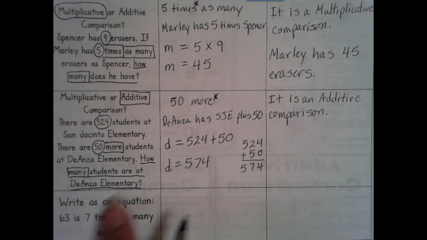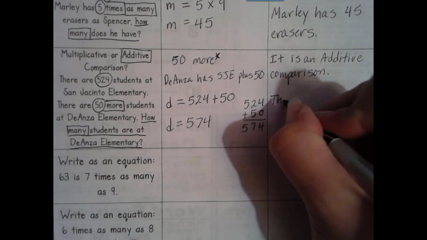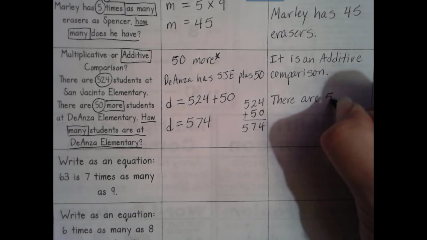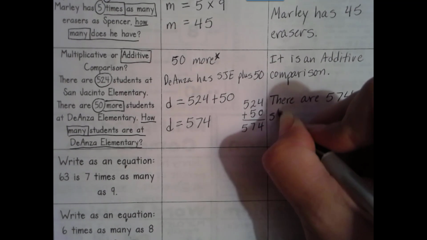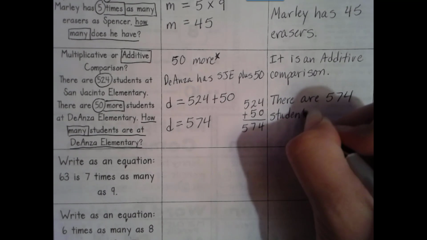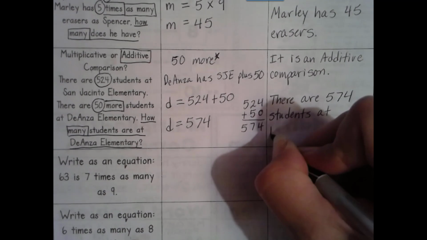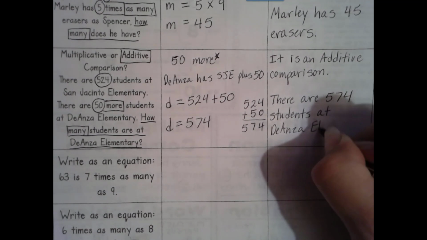How many students are at De Anza Elementary? There are 574 students at De Anza Elementary.